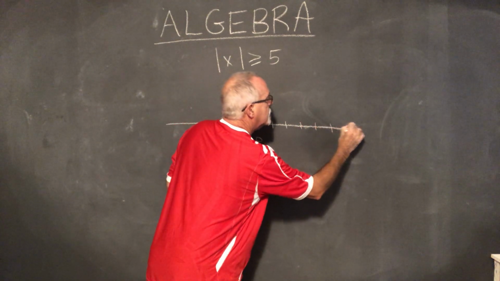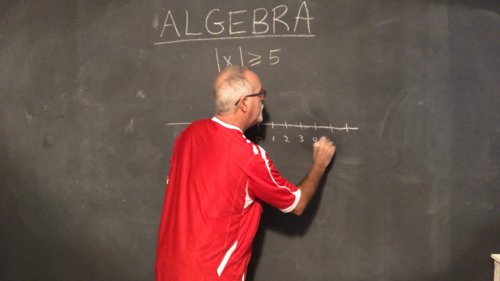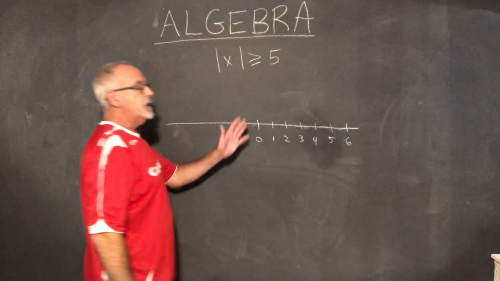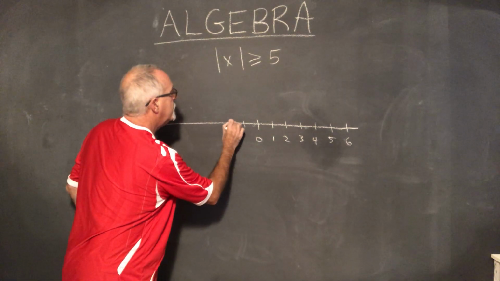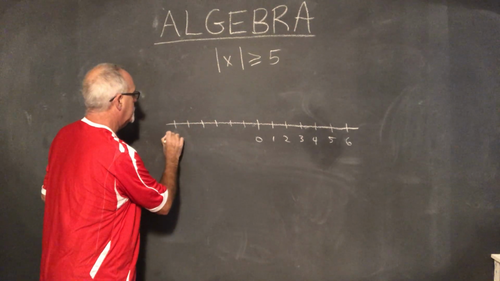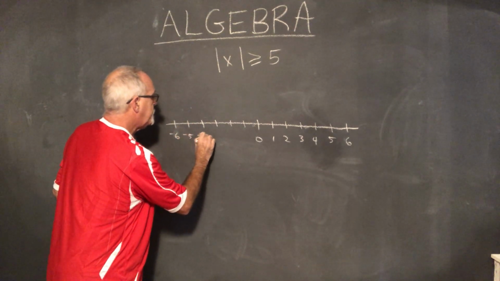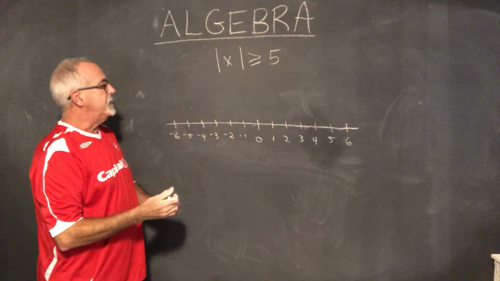I'm going to have to make this a little longer because I want 6 to fit. This is 1, 2, 3, 4, 5, 6. Make sure the numbers on either side of 5 fit. -1, -2, -3, -4, -5, -6. Takes a bit of time, but it's worth doing because it makes your answer clear.